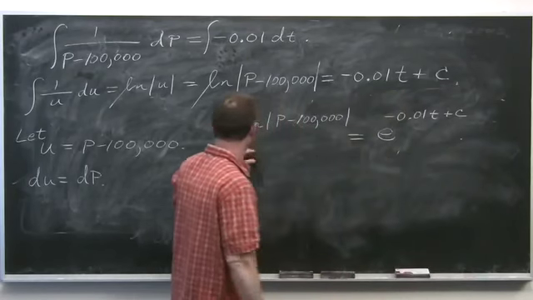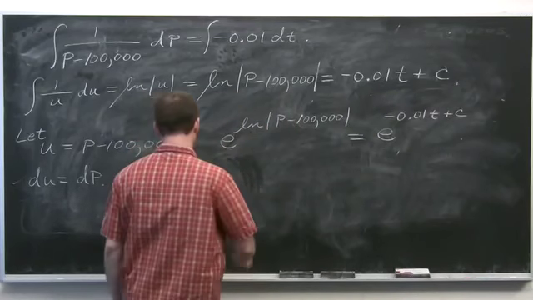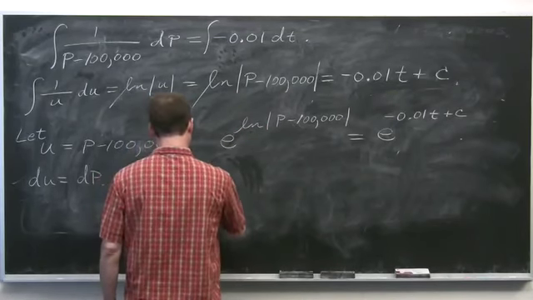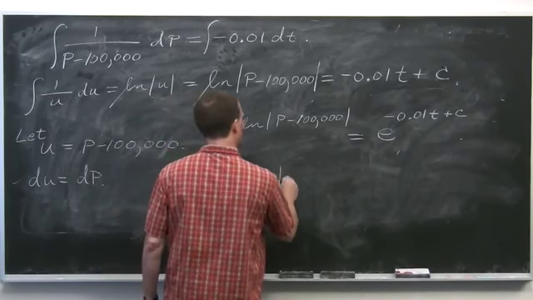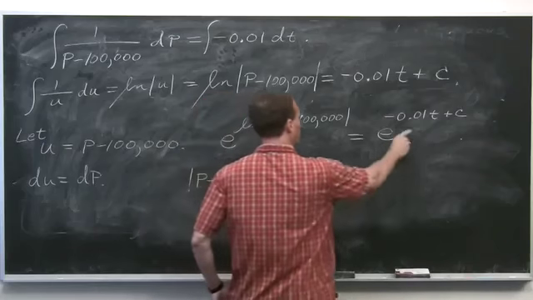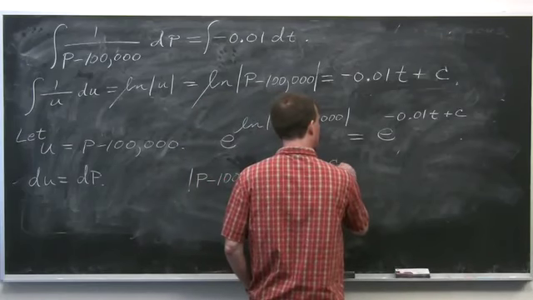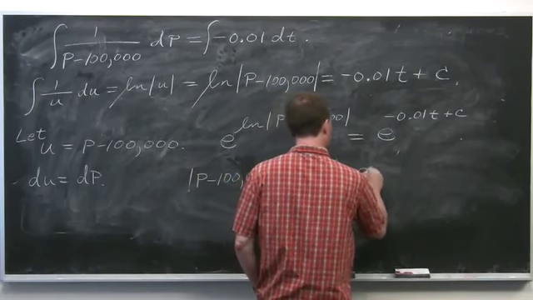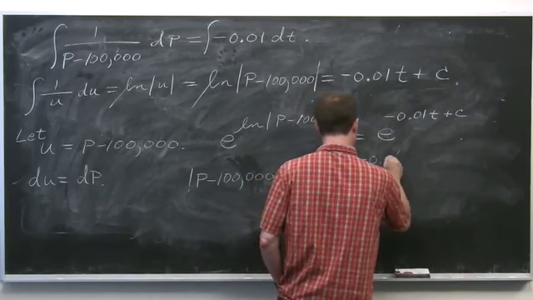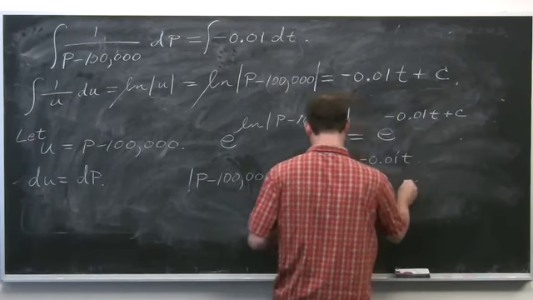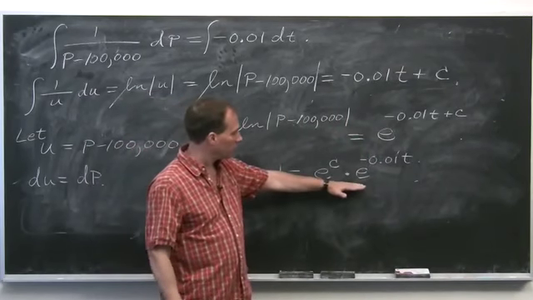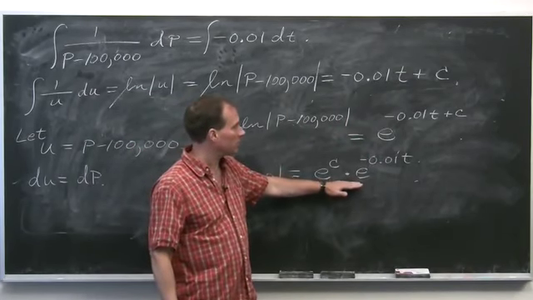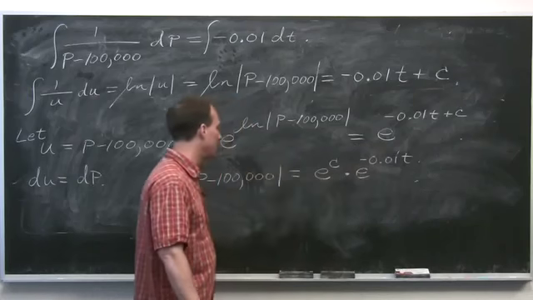So you get the absolute value of P minus 100,000 equals, you factor out e to the C, times e to the minus 0.01t. When you multiply two things with the same base, the exponents add, so this equals that.